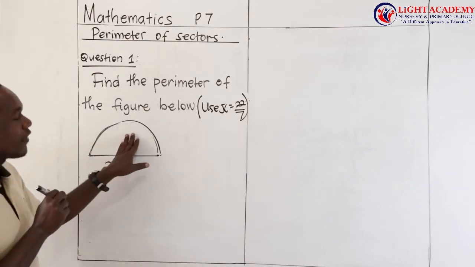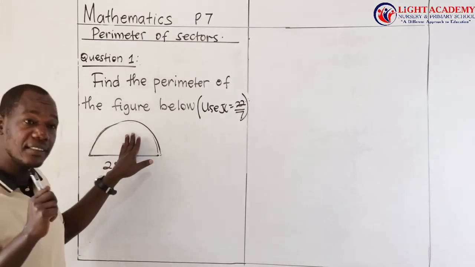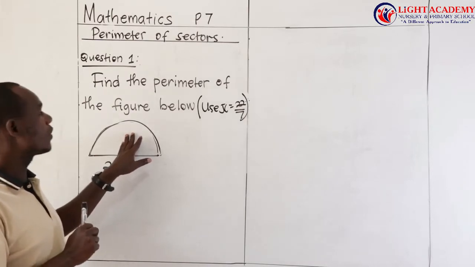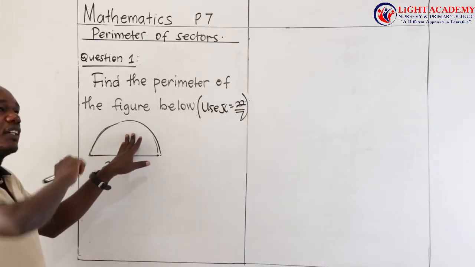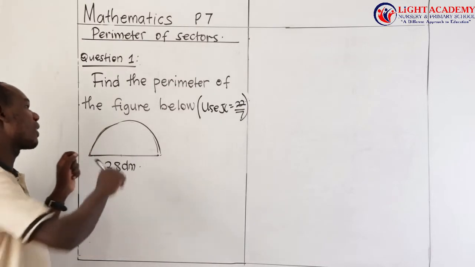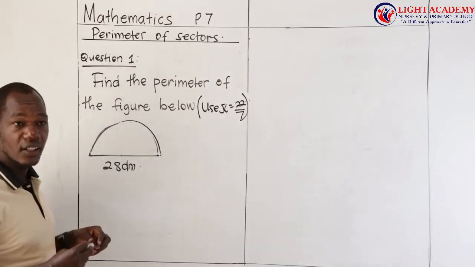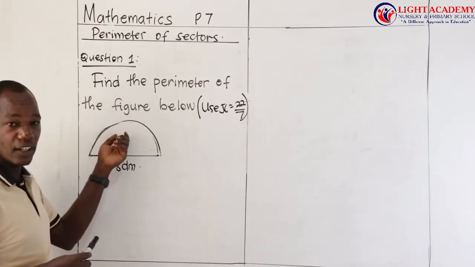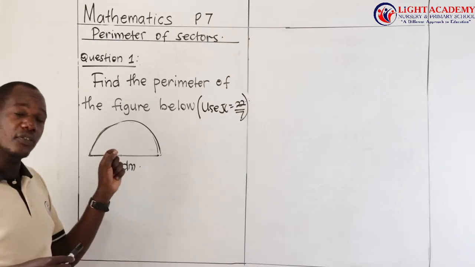But now we have to ask ourselves, how do we find circumference? For those who have not watched the previous videos, in one of the lessons we looked at how we can find the circumference of a semicircle.